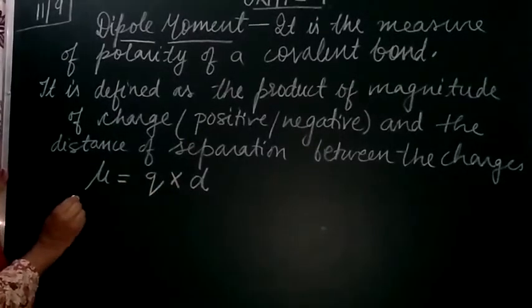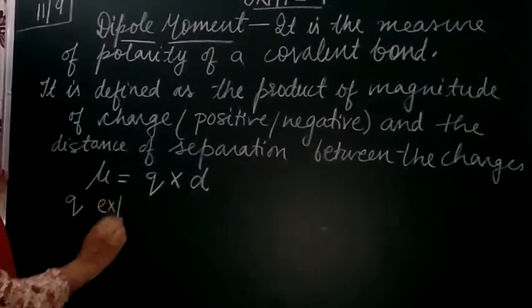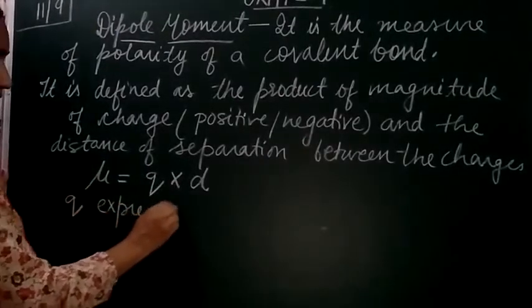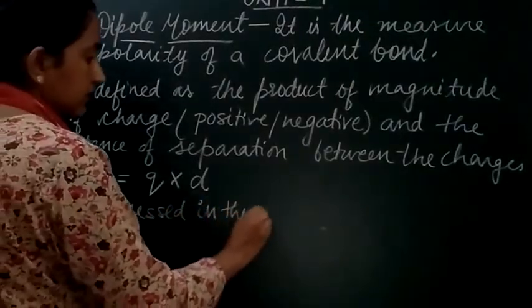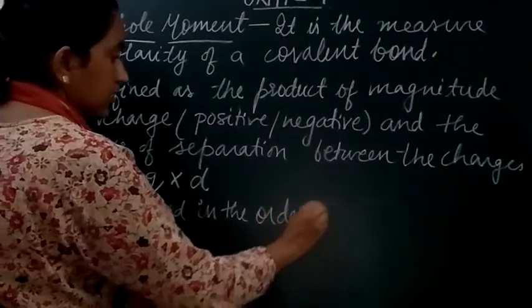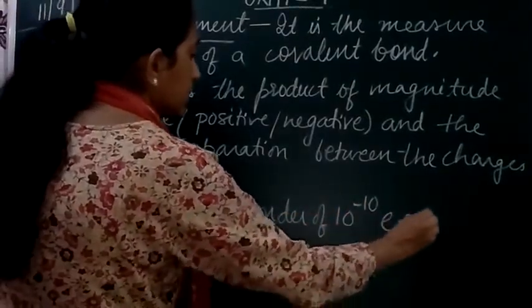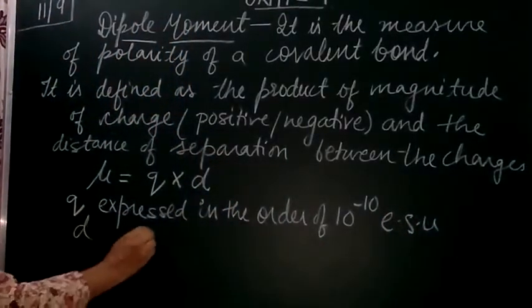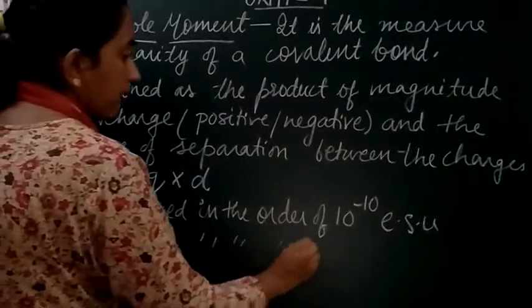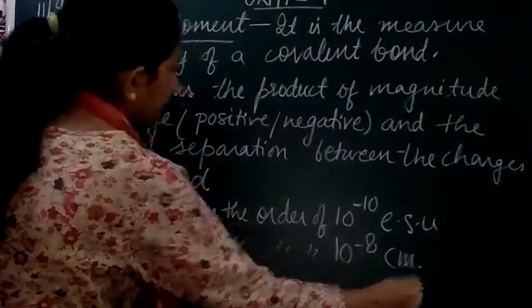Here the charge q is expressed in the order of 10 to the power minus 10 ESU, and d is expressed in the order of 10 to the power minus 8 centimeter.